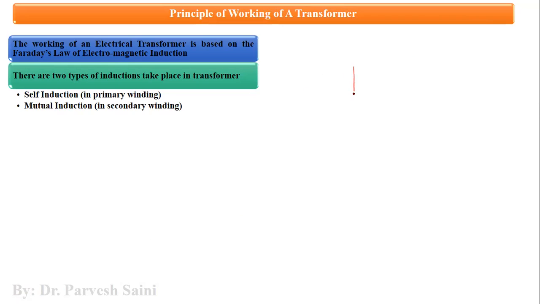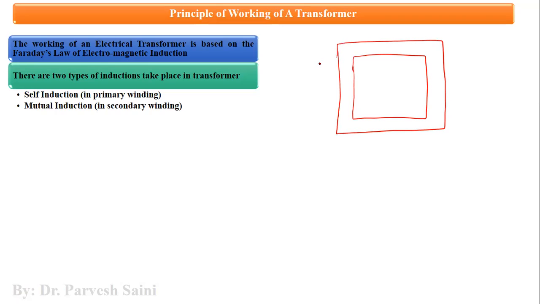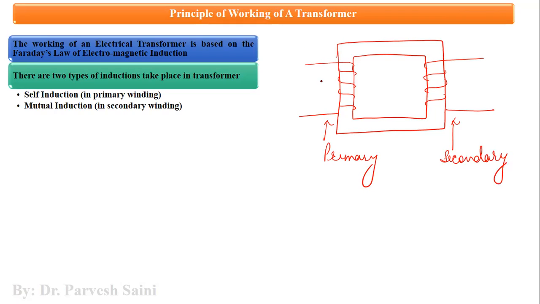Now, when you have a transformer, let us draw a core type transformer. This is an iron core, and we have the two windings wound on this transformer core. One is on this particular limb, and let us say the second is on this limb, like this. So this is the primary winding, and this one is the secondary winding, right?